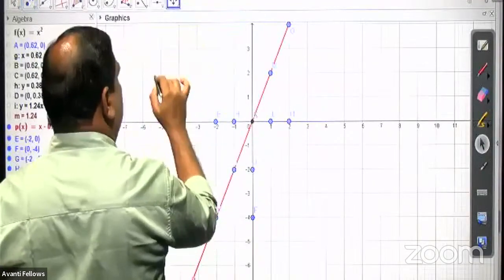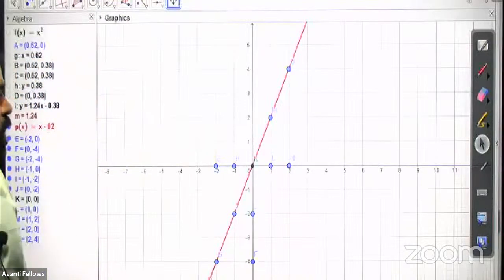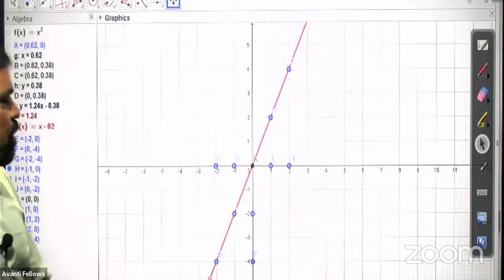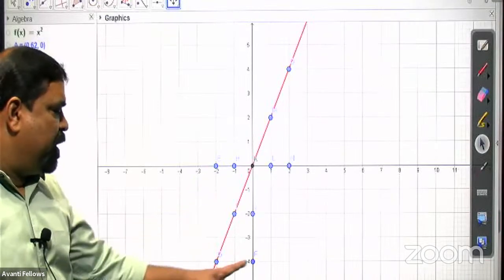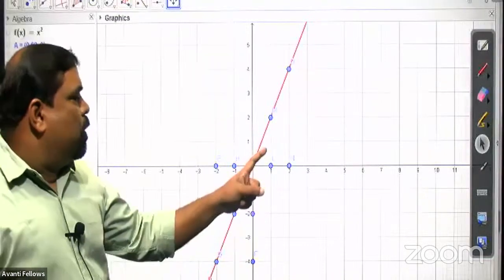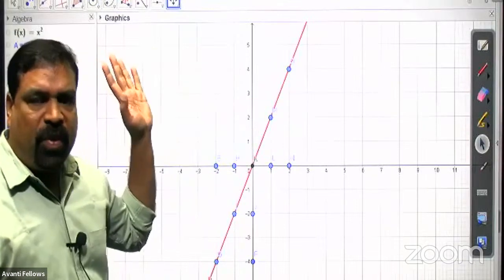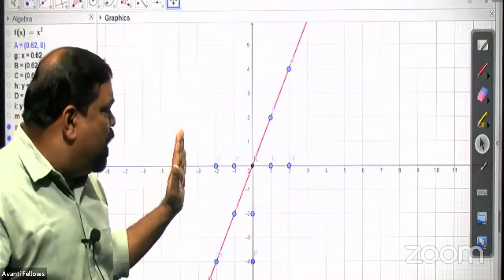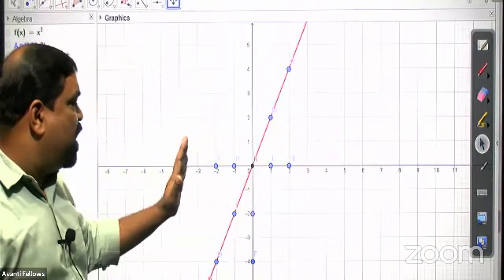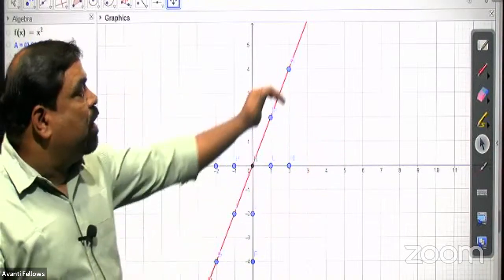So it is going like this. What we can observe: when x is -2, function value is -4. When x is -1, function value is -2. When x is 1, function value is 2. When x is 2, the function value is 4. That means when the values of x are increasing, the function value is also increasing.